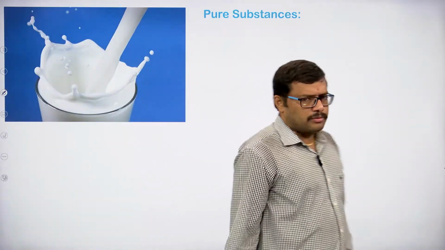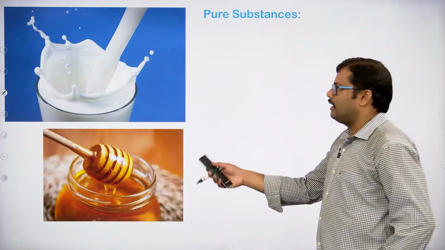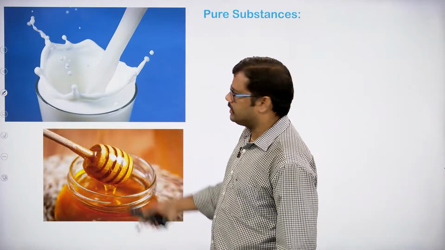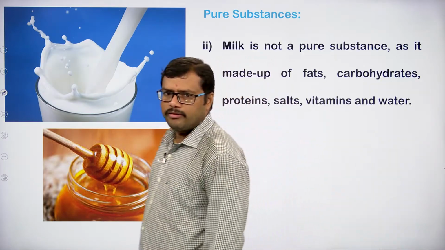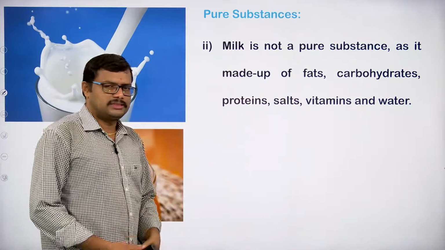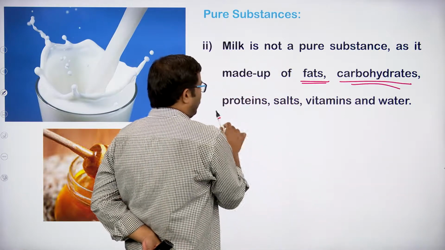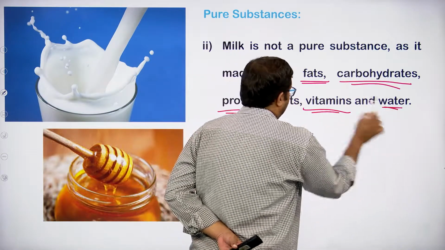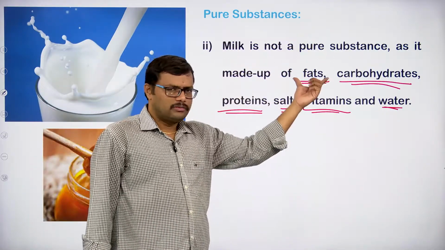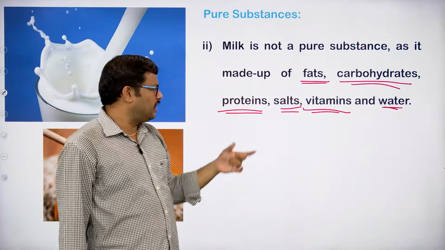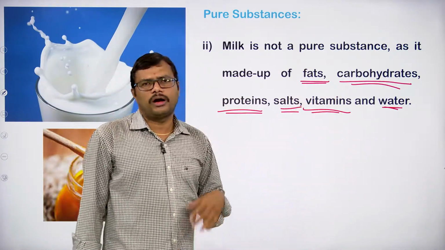Similarly, if you observe milk and honey. Milk looks very pure, right. Can we consider milk a pure substance? No. Why? Milk is made up of fat, carbohydrates, proteins, vitamins, water, mineral salts, etc. So milk has fats, carbohydrates, proteins, vitamins, and of course water.